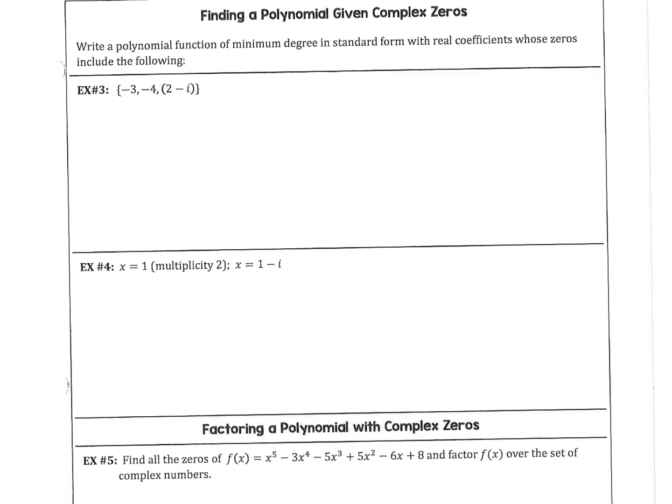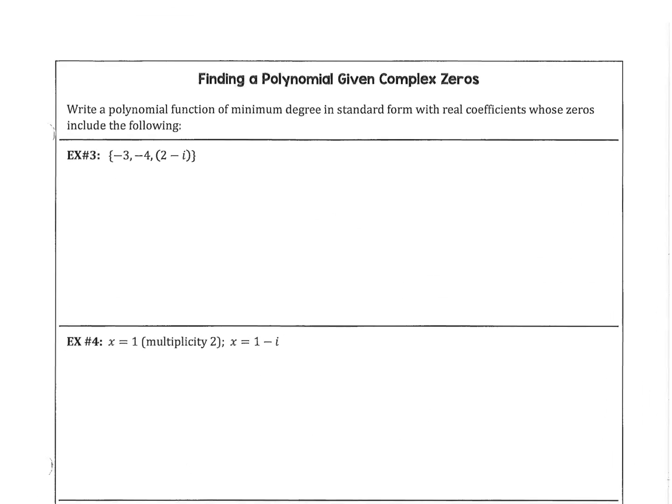Now, find a polynomial given complex zeros. All right, so given a complex zero, what do we know? Well, we know we need to find the degree. So we know we have 1, 2, 3, but this guy comes in a complex conjugate pair. So then we also know we have 2 minus i, so this makes 4.